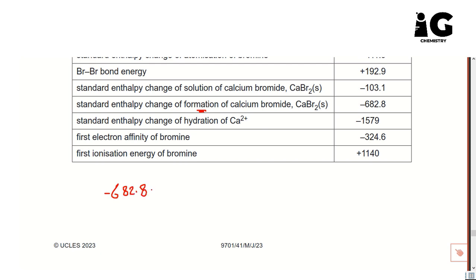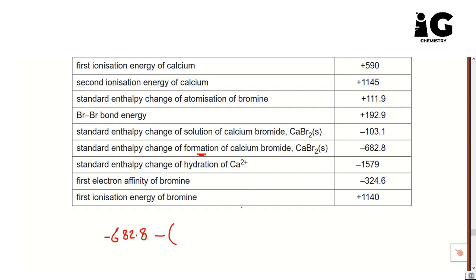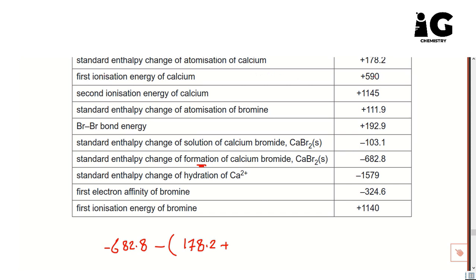This is formation. Then minus, open brackets, and then let's start with atomization of calcium. So atomization for calcium, this is the first one up. So this is 178.2, plus ionization energy, firstly for calcium, it's going to be here.